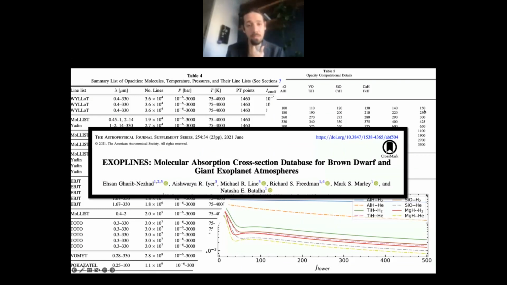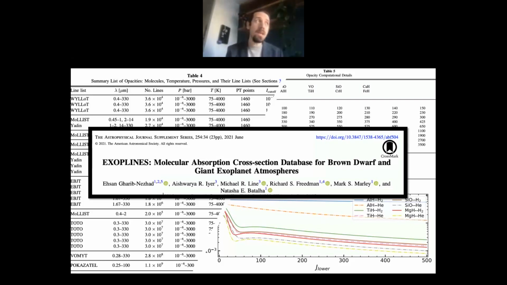So one work I did during the past 3 years, and I published it in 2021, I provided a set of opacities for exoplanets and brown dwarfs, including super Earths and also ultra hot Jupiters, for a wide range of temperature, pressure, and for different absorbers.